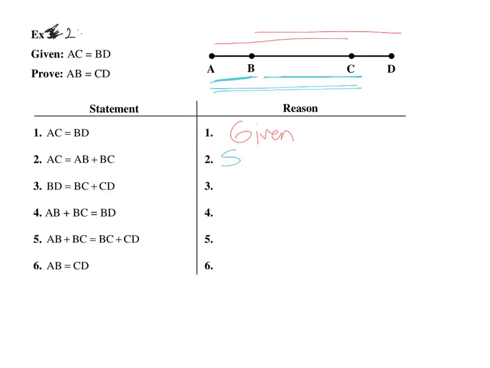So that's just the segment addition postulate. Get really familiar with the yellow sheet. I'm going to be using it very often. Then we have BD is equal to BC plus CD. That's the same thing as before. The two smaller pieces add up to a larger piece.